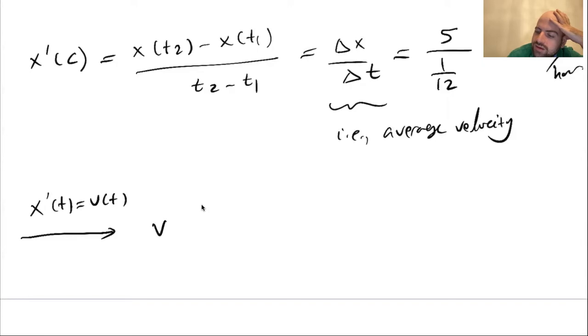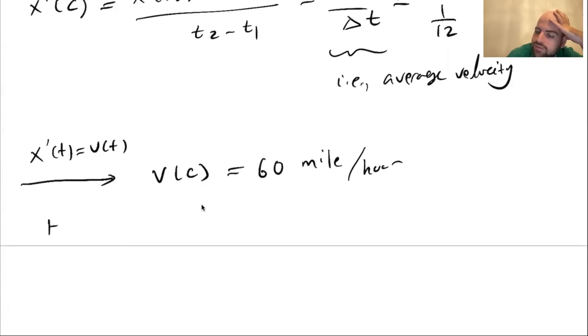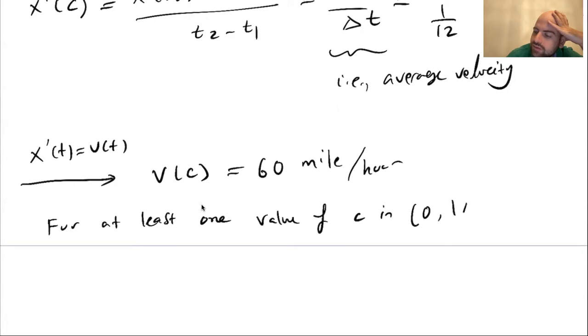So that means v of c is equal to 60 miles per hour for at least one value of c in 0 to 1 over 12.